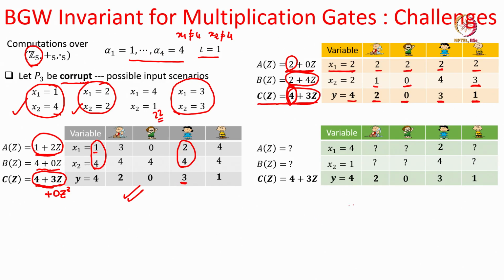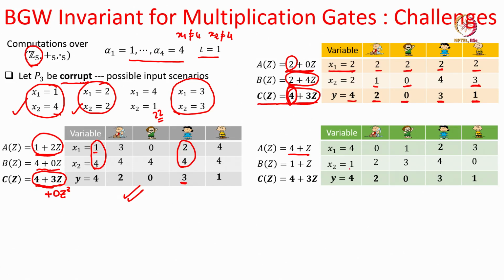Now, the adversary is trying to see whether it could be possible that x1 was 4 and x2 was 1, given that the bold values are the values which the adversary has seen in the protocol execution. If x1 was 4 and P3's share was 2 and P1's sharing polynomial was a 1 degree polynomial, then that is possible only if the sharing polynomial of P1 was 4 plus z, leading to the shares 0, 1 and 3 for the first, second and fourth party respectively.